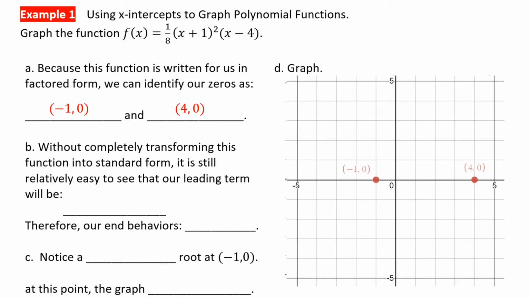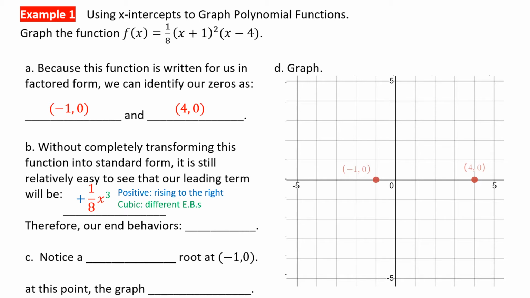And without multiplying this all out into standard form, if we just take a lazy man's approach, that first set of parentheses would give us x squared. And when we multiply times that second set of parentheses, we would come up with x cubed. Distribute the 1/8, and our leading term would be a positive 1/8 x cubed.